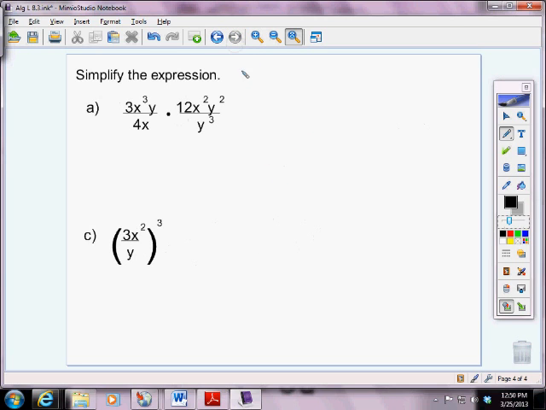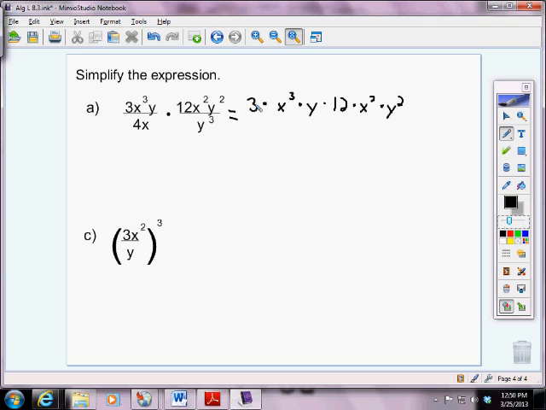Don't be intimidated when you see a crazy looking expression like this. Try to break it down so all similar pieces are together. Here's what I mean. The first thing is we have to recognize that these are all multiplication. This is 3 times x to the third times y times, if I multiply across my numerator, 12 times x squared times y squared.